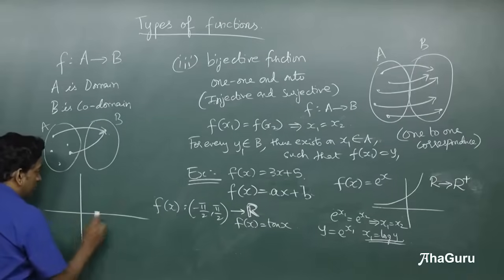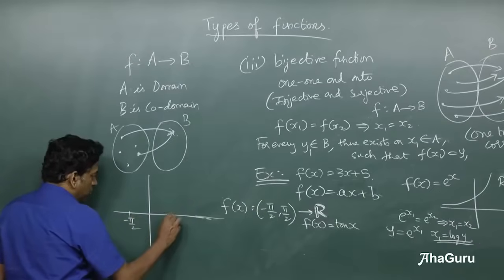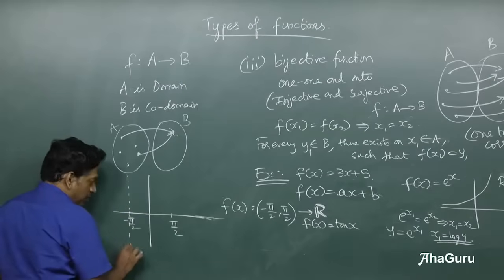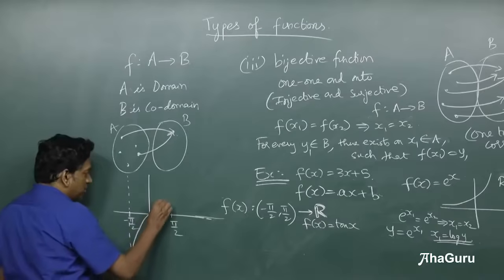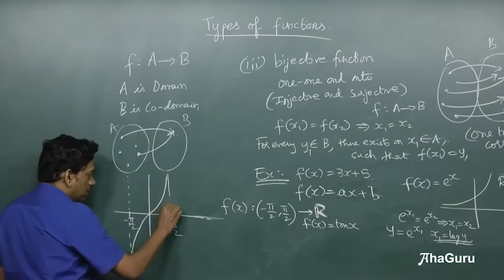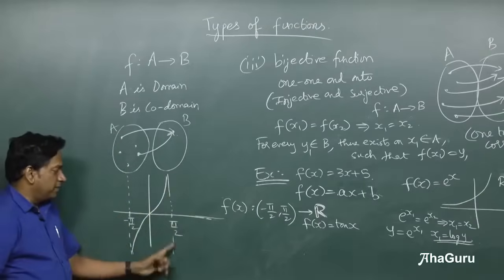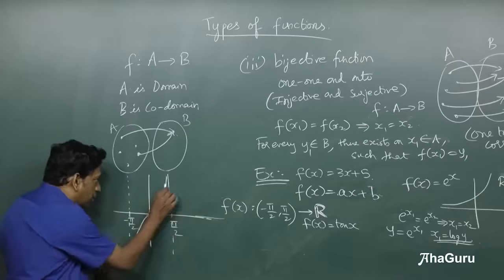We know the tan x function from -pi/2 to pi/2: close to -pi/2 it's almost minus infinity, so it starts from there, asymptotic to the x = pi/2 line. So now this is the curve of tan x.